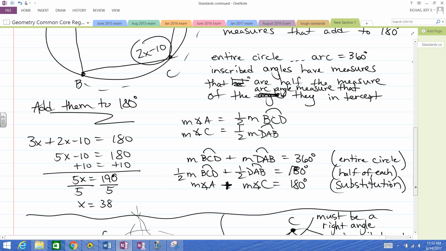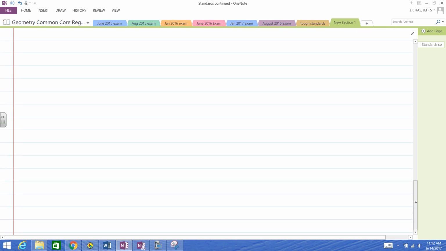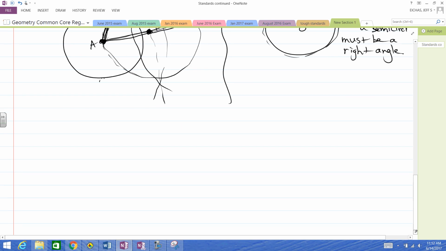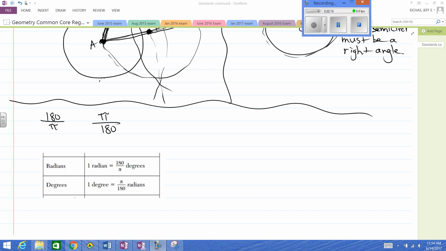Okay, so on your reference sheet, they're going to give you either 180 over pi or pi over 180. Let me just look at that quickly. Okay, back again.